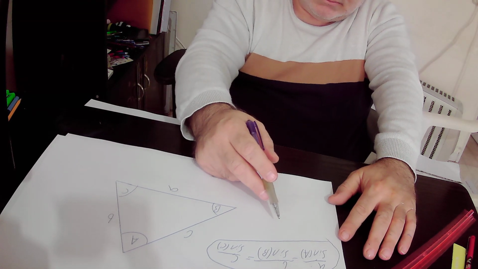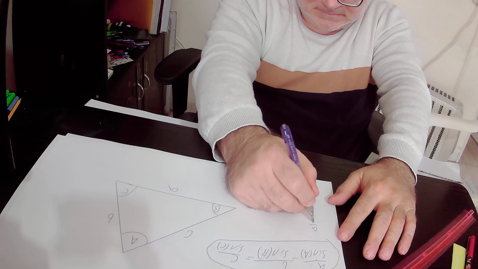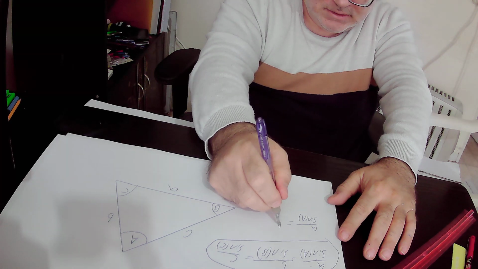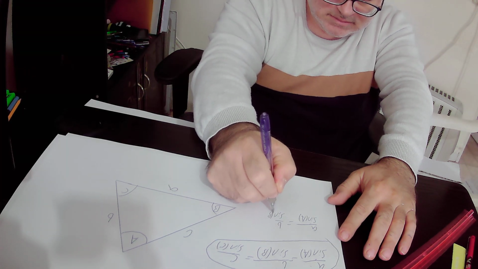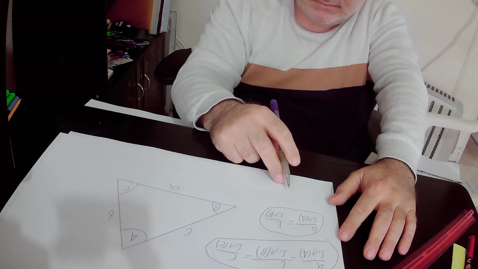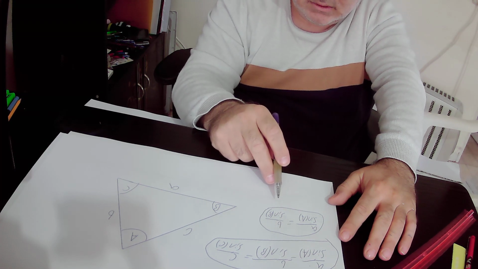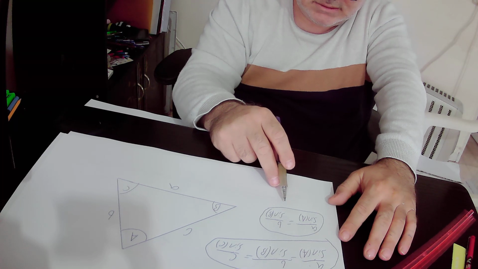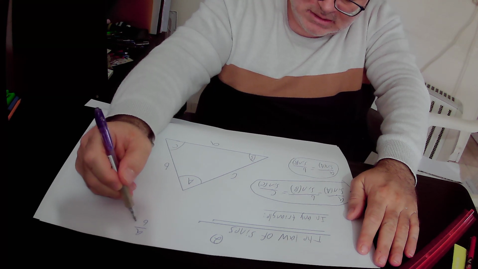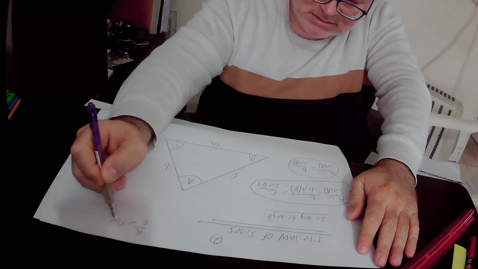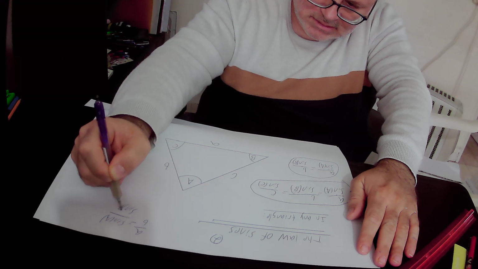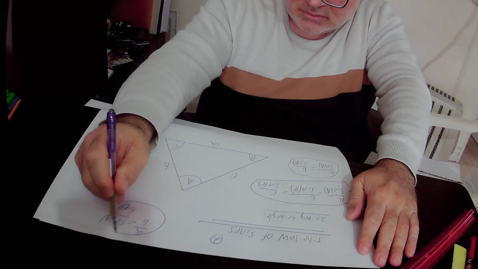We can derive from this formula that A over sine A equals B over sine B, and if we divide this equation by B and multiply it by sine A, we will get that A over B equals sine A over sine B. So what is the meaning of this equation or formula?